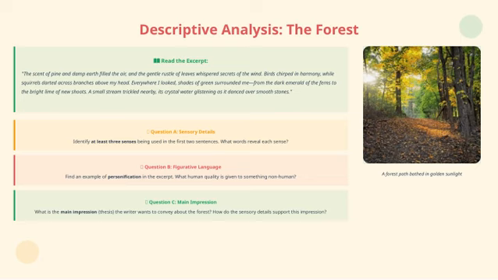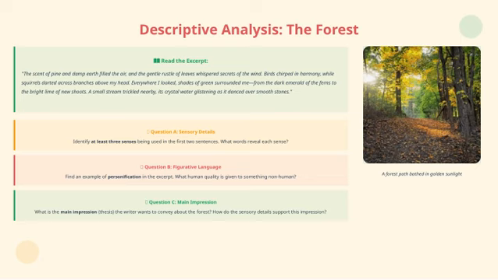The sense of hearing is captured through the gentle rustle of leaves, whispered secrets of the wind, giving us a vivid auditory picture. And visually, the description of shades of green, from dark emerald of the ferns to the bright lime of new shoots, helps us imagine the vibrant colors all around.